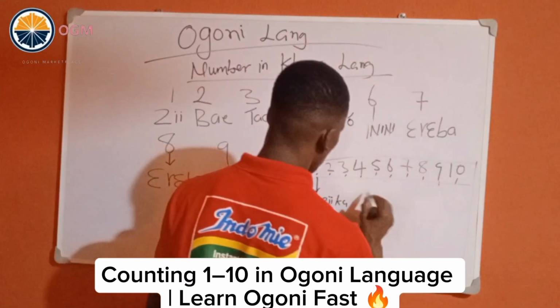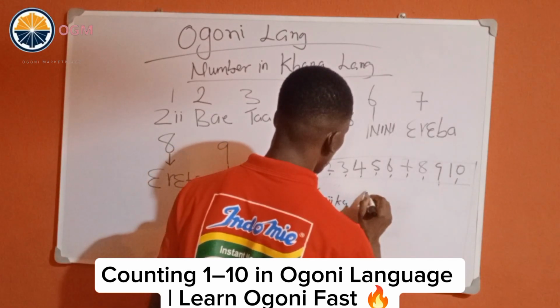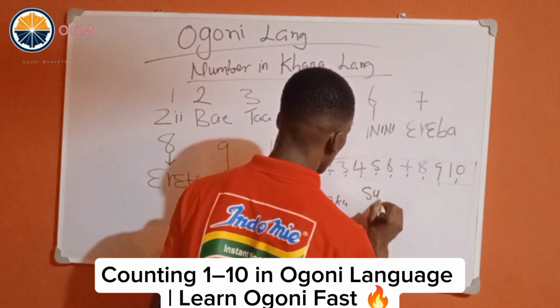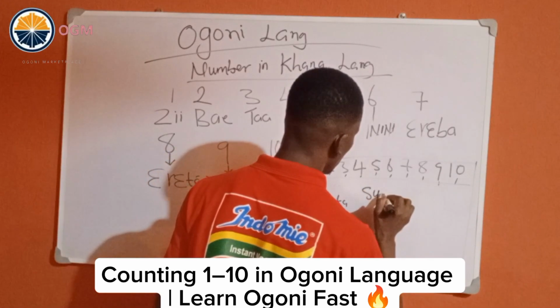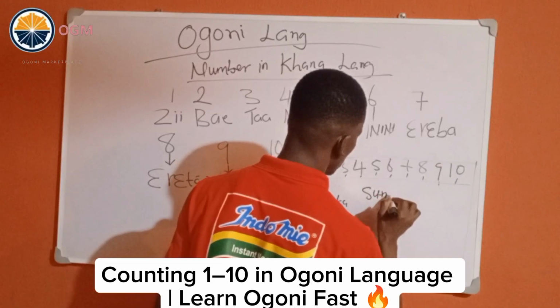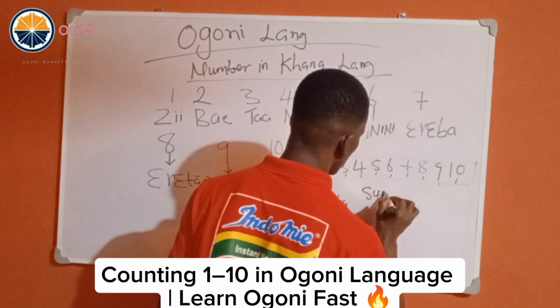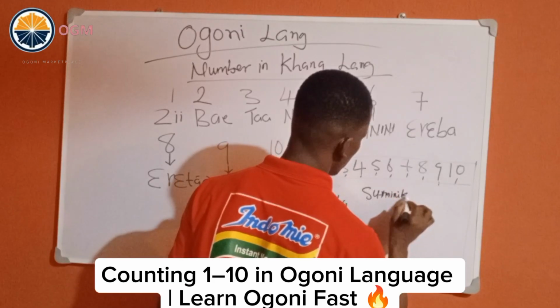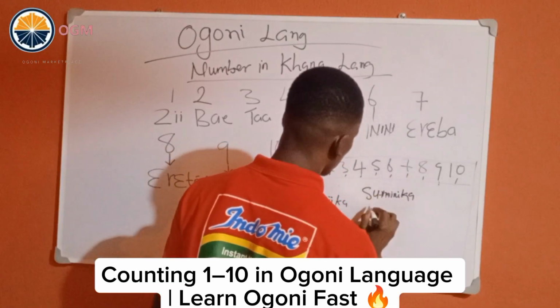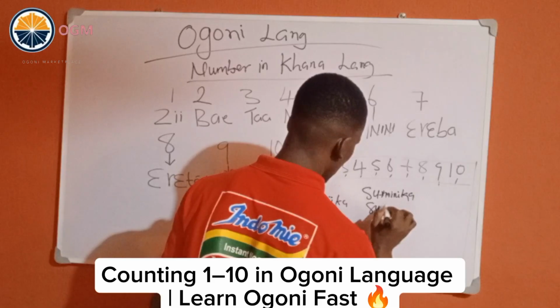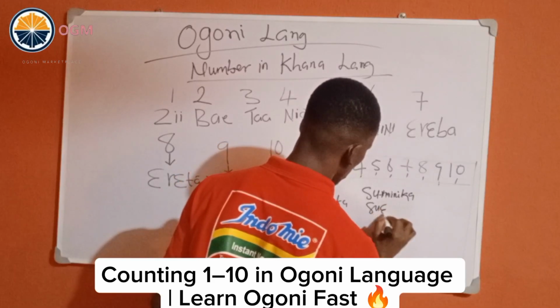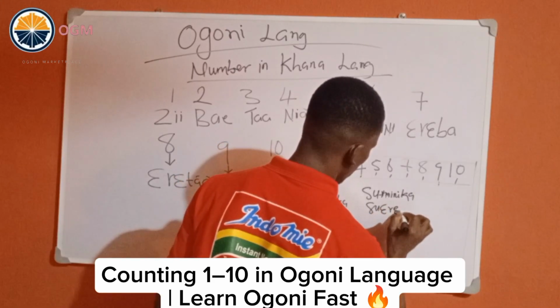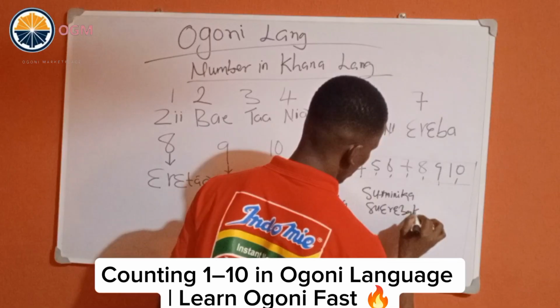If it is 6, it is suinika. If it is 7, su erebaka.